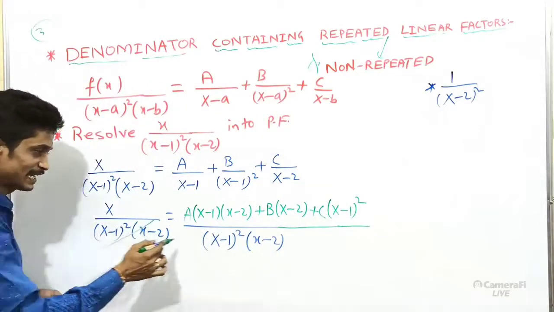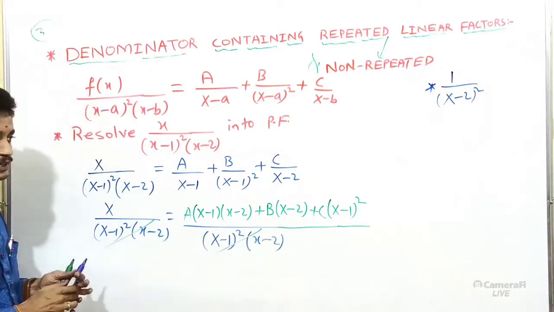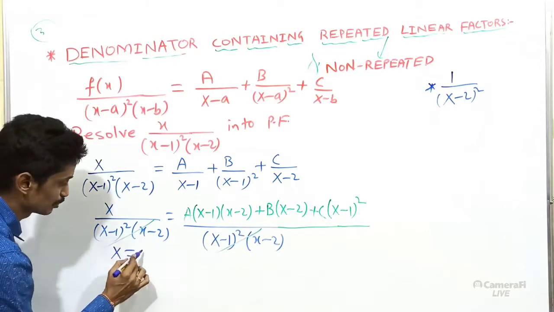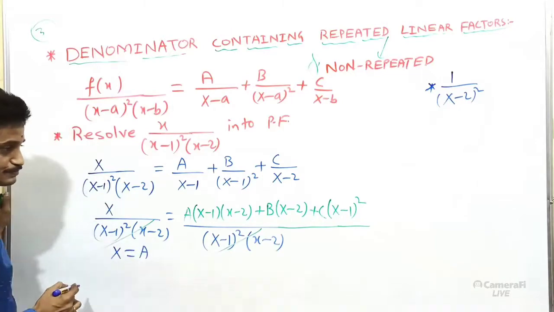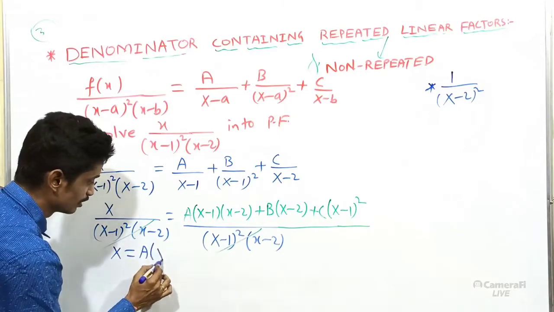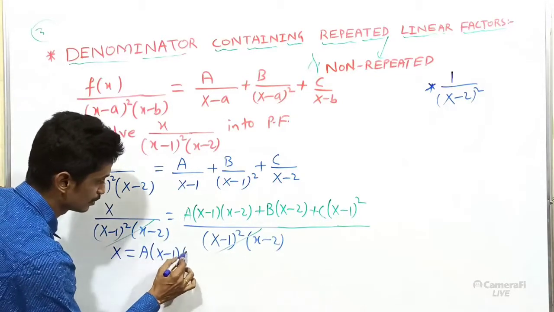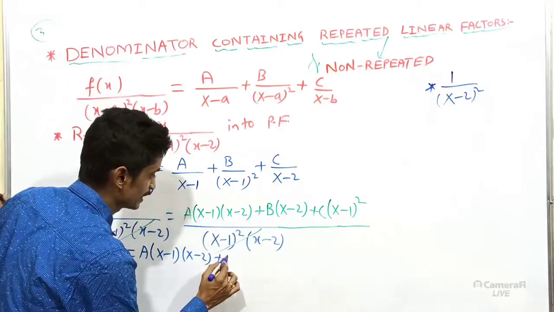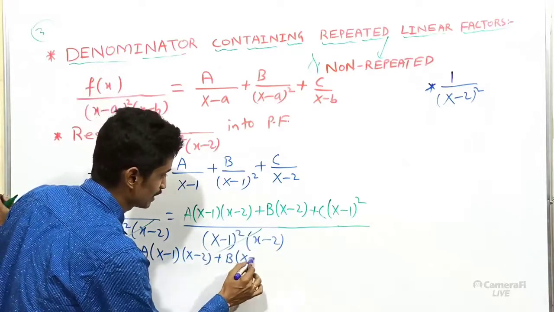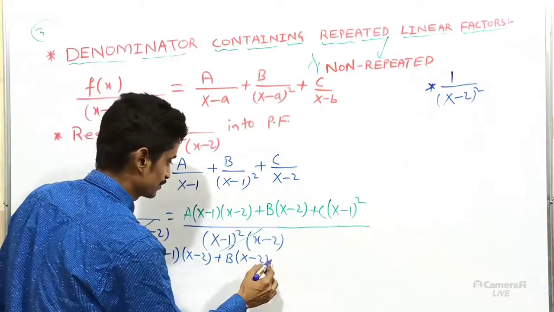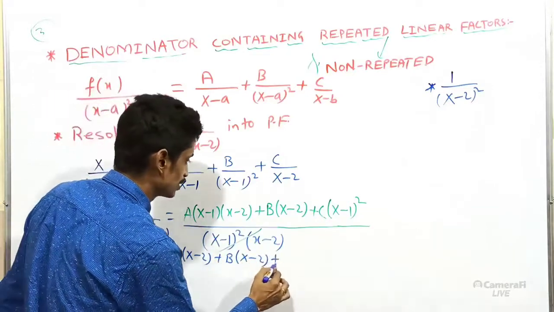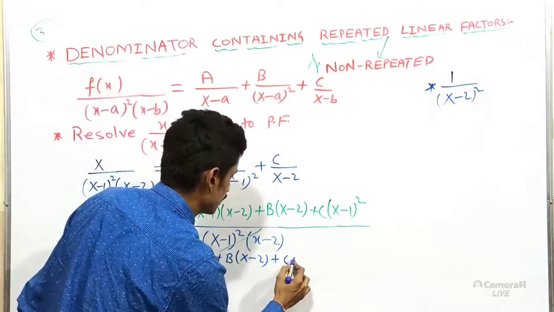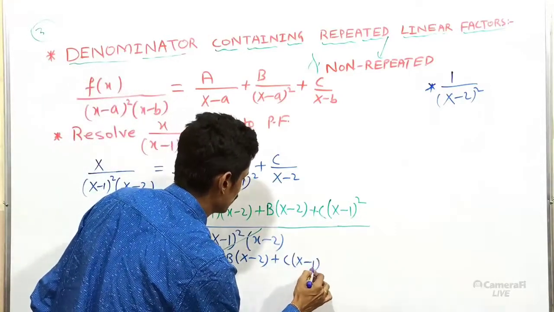Now cancelling the denominators, what remains is x is equal to A into x minus 1 into x minus 2, plus B into x minus 2, plus C into x minus 1 whole square.